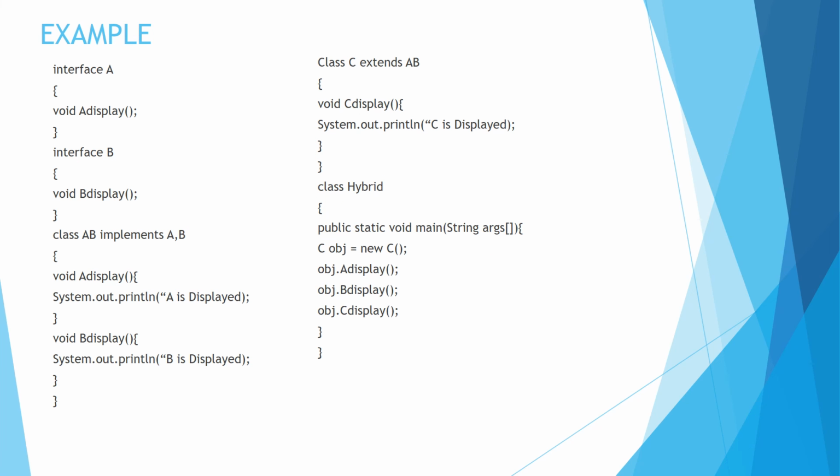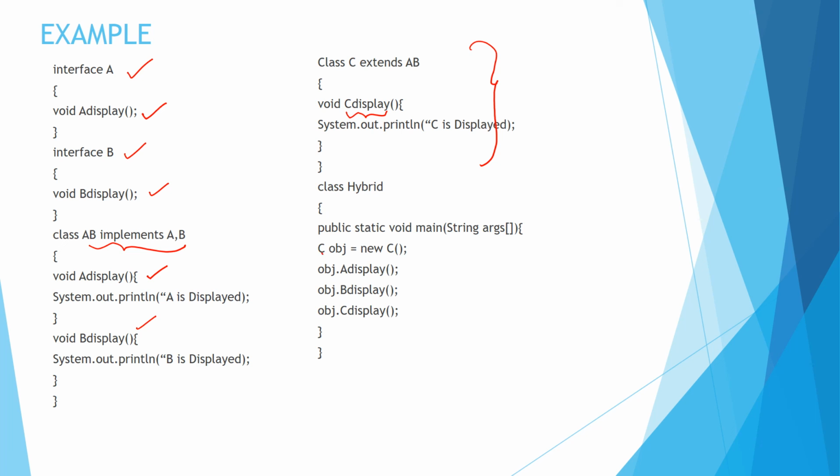Okay, so this is the concept we are going to follow in the program. See here, interface A is being declared and a method is being defined, then interface B and a method. So class AB implements A comma B, and again the A and B display methods are being implemented within this class, and then the single inheritance concept where class C extends which class? The AB class, and it has a separate method being defined and implemented within the same class, since this follows the normal inheritance concept.